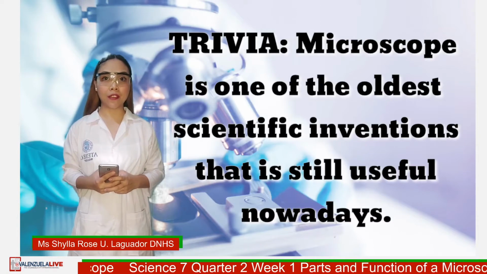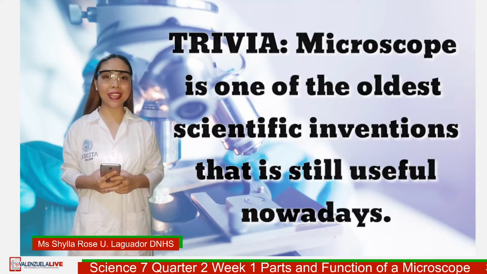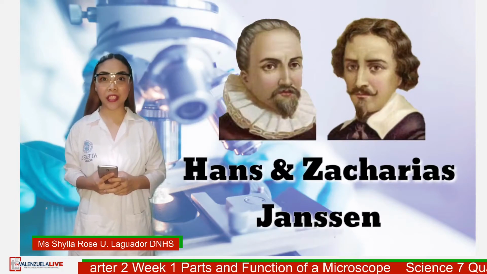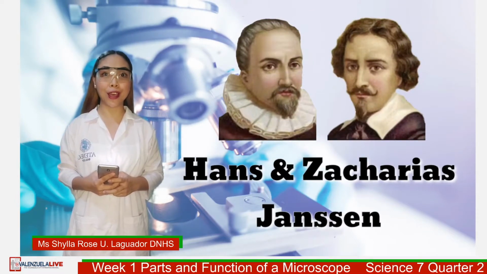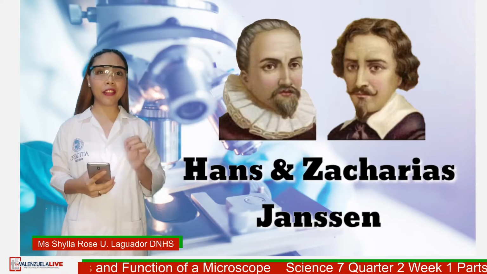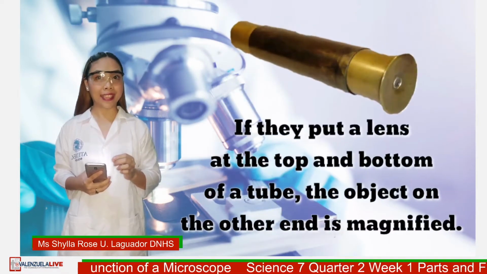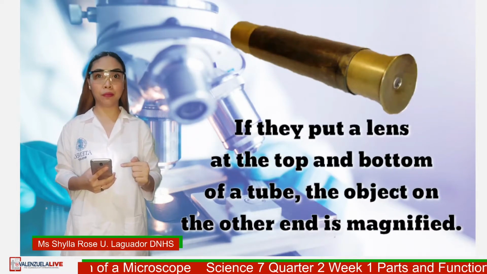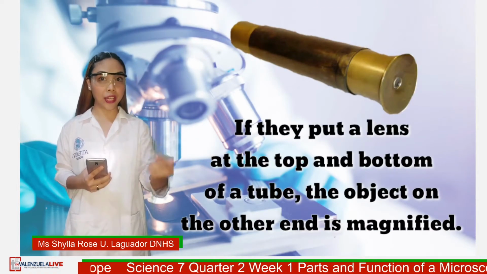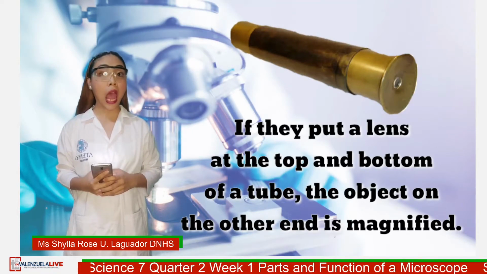The credit was given to a Dutch father and son team in the names of Hans and Zacharias Janssen. They were actually recognized as the discoverers of the first so-called microscope. They discovered that if they put a lens at the top and bottom of a tube and look through it, then the objects on the other end became magnified.